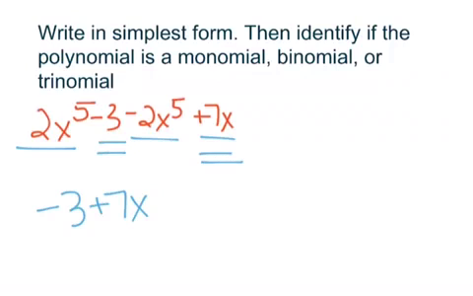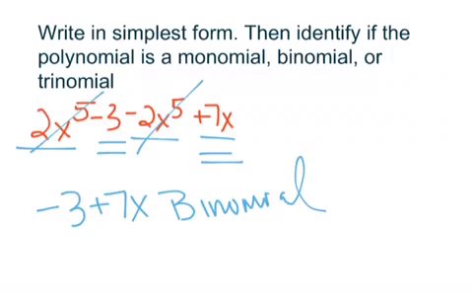Okay, so when I simplified that, 2 minus 2 is 0, so those cross out. Nothing combines with my negative 3, nothing combines with my positive 7x. So this is a polynomial in simplest form. There's 2 terms, so this is a binomial. Okay?